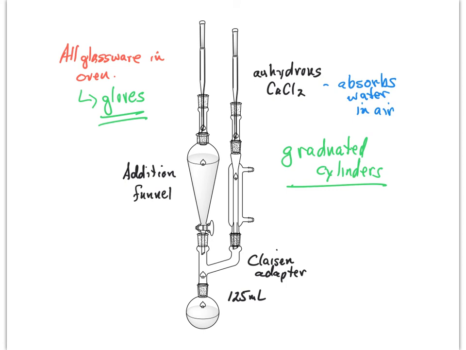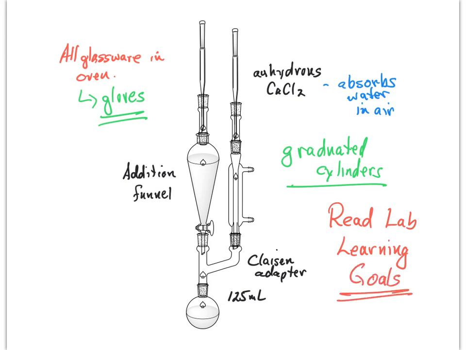We are making modifications to the procedure. Rather than try to do them here, make sure you read your lab learning goals, because the specific amounts of materials that we're making are going to be different than are specified in your lab text.